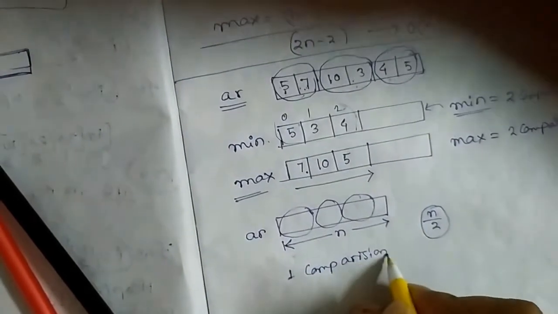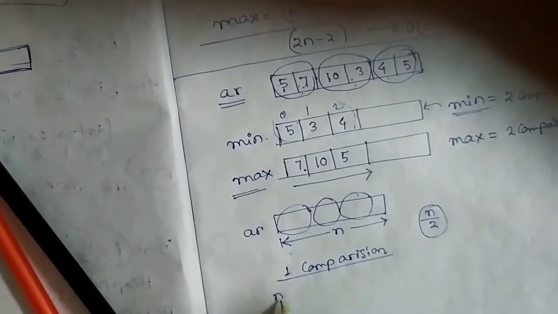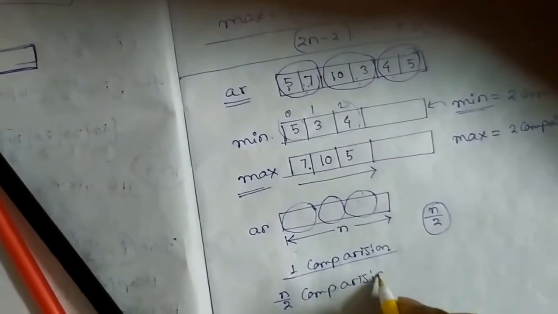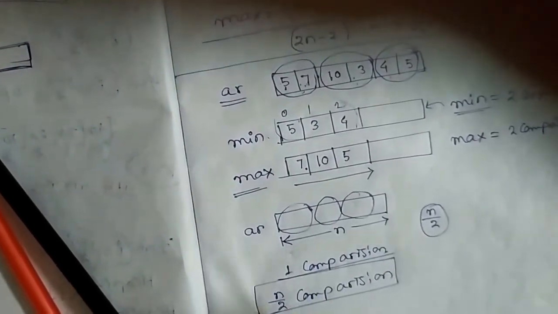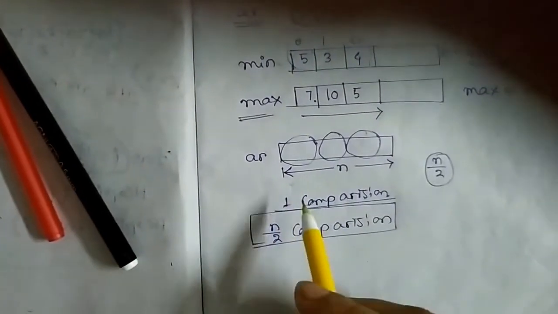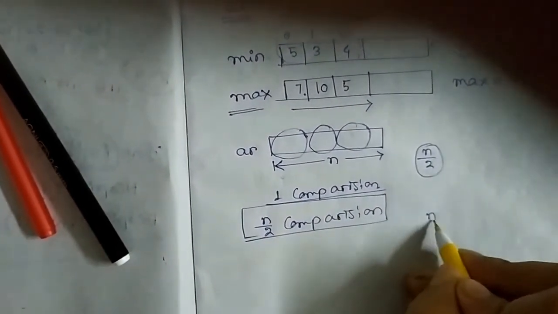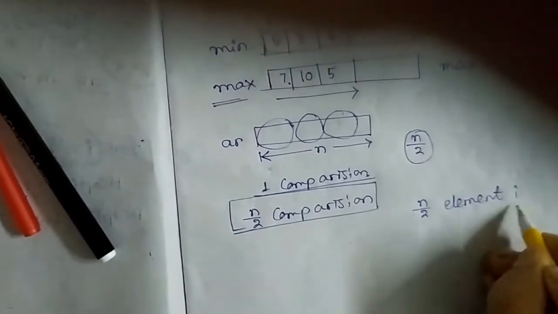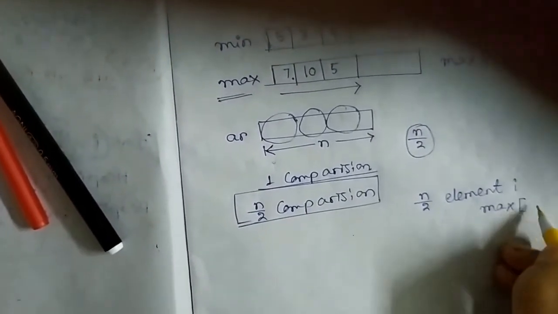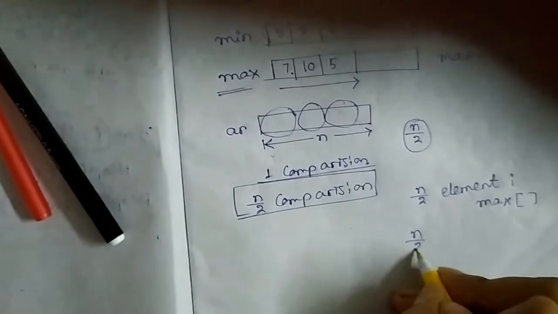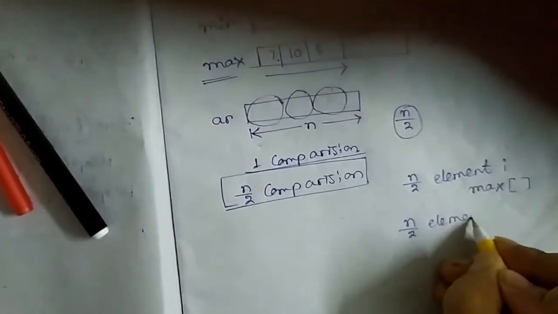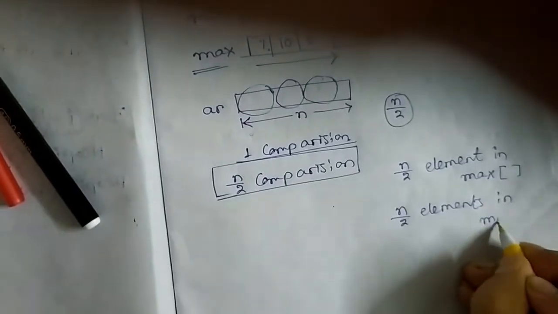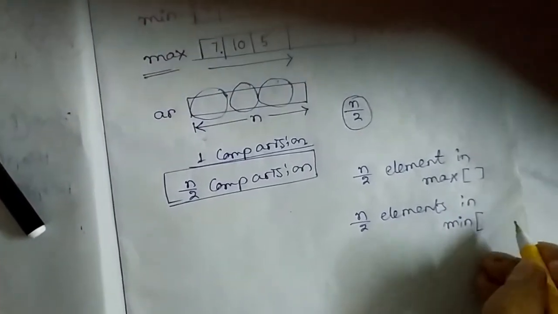That means here I need n by 2 comparisons. After that, I have n by 2 elements in my maximum array, and n by 2 elements in my minimum array.